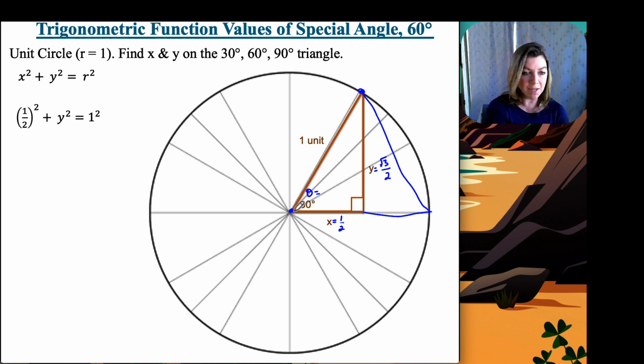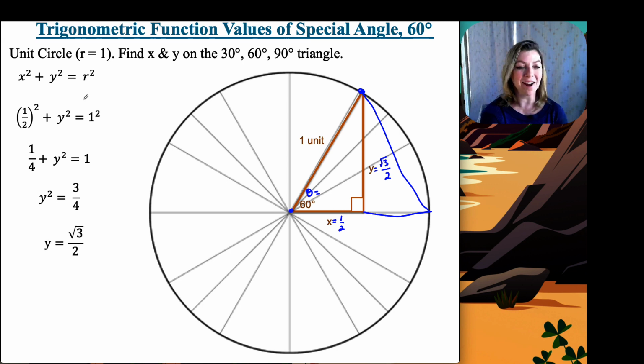And if the entire side length here is 1, because it's the unit circle and that's the radius of the circle, then that side length right here is half of that, which is the 1/2. Using the 1 and the 1/2, plugging them into the Pythagorean theorem, we get that our y value is radical 3 over 2.